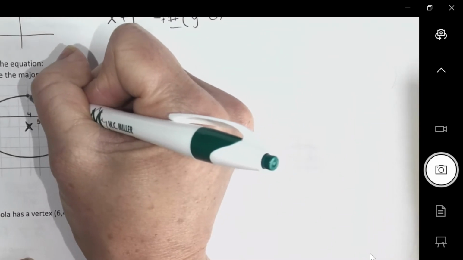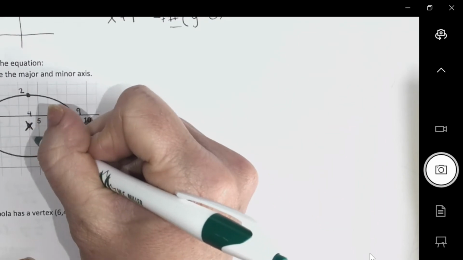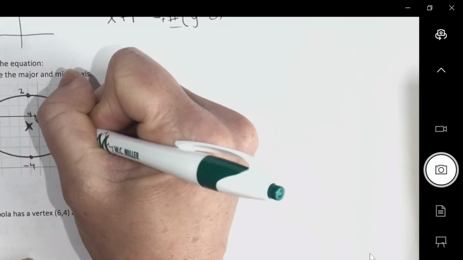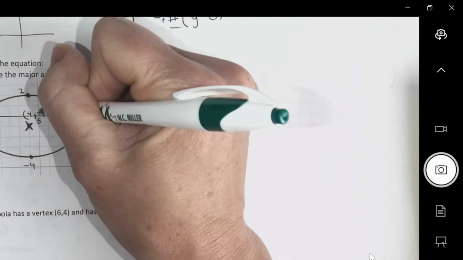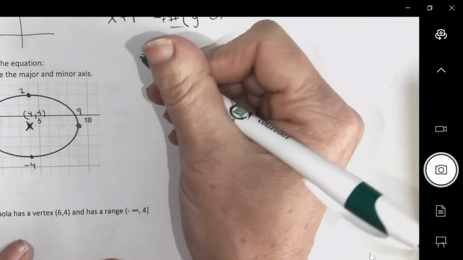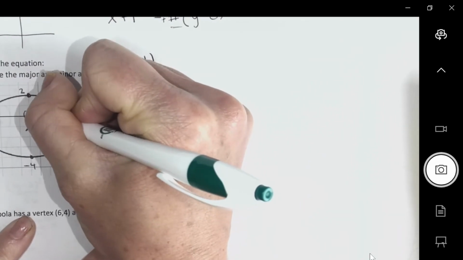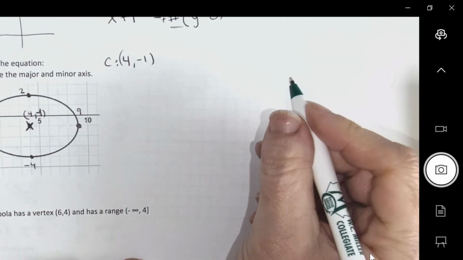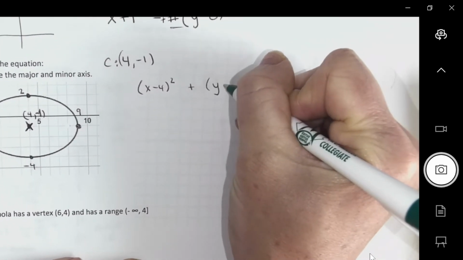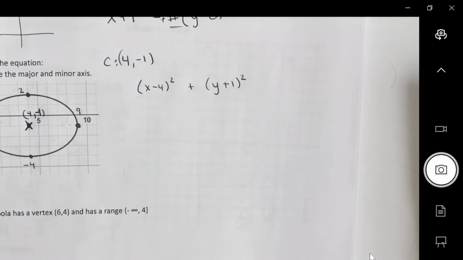And then the highest we go to is 2. -4. So that coordinate is 4, -1. 4, -1 is the center.